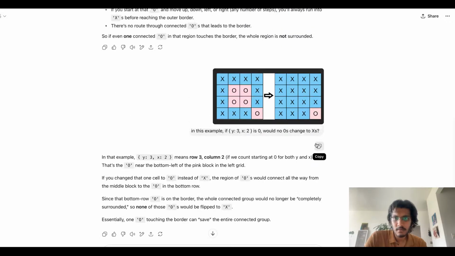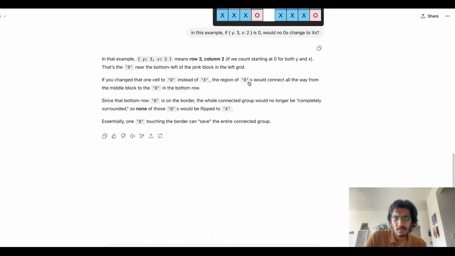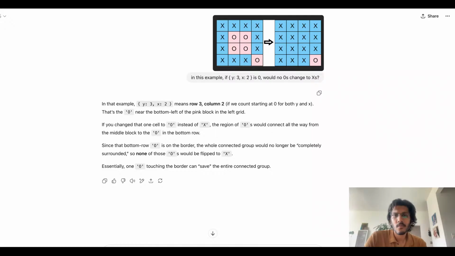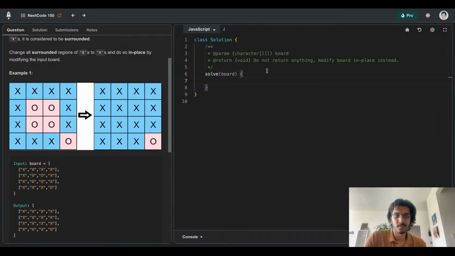Let me edit it when there's y 3, x 2. Okay. So yeah, then you do just kind of move through.